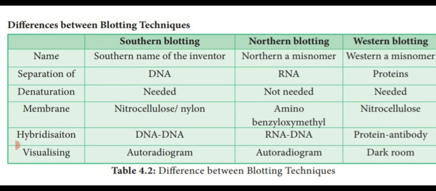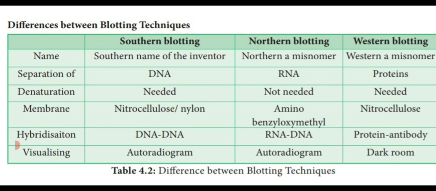On top of the agarose gel, a membrane is positioned. Now the buffer is drawn up through the gel, carrying the DNA fragments through the blotting paper onto the membrane. The DNA on the membrane is fixed.